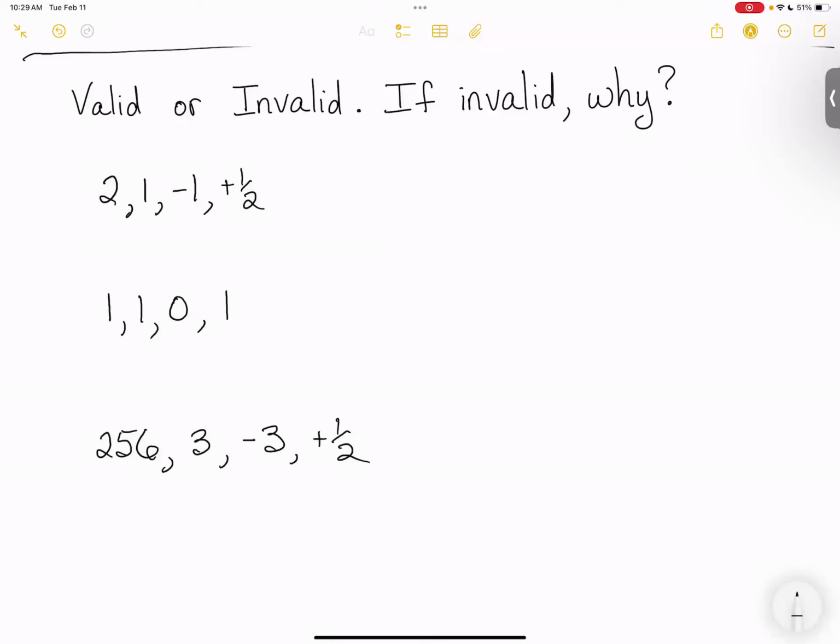What about the next number? Is it a valid one? Doesn't follow the rules. That's all that matters, is it follows the rules.